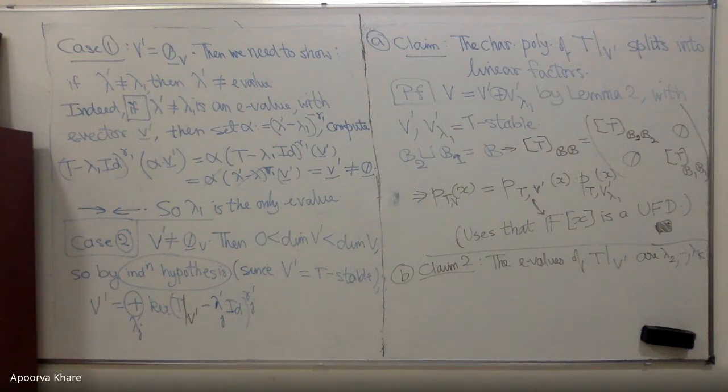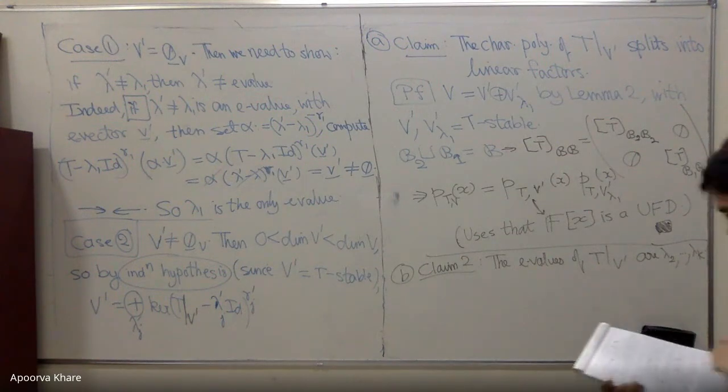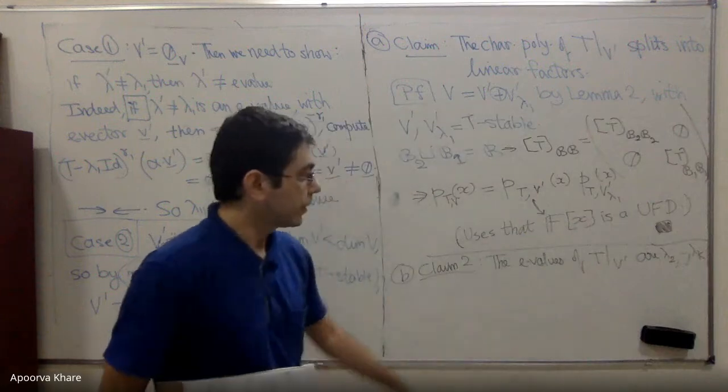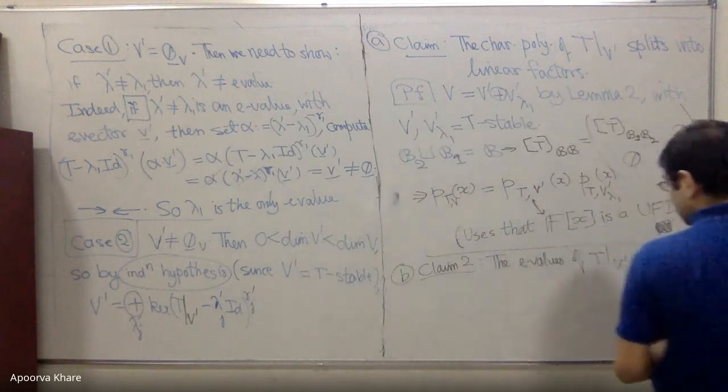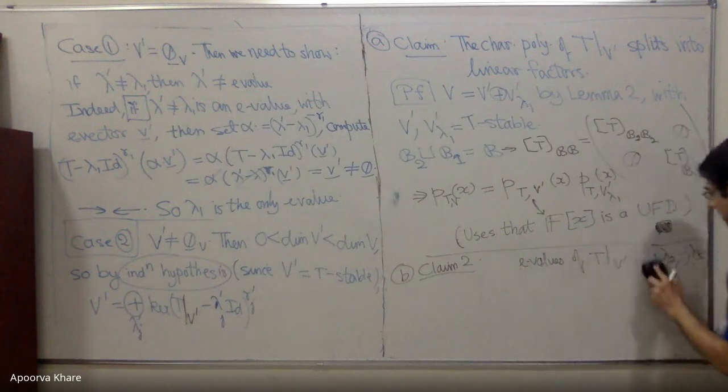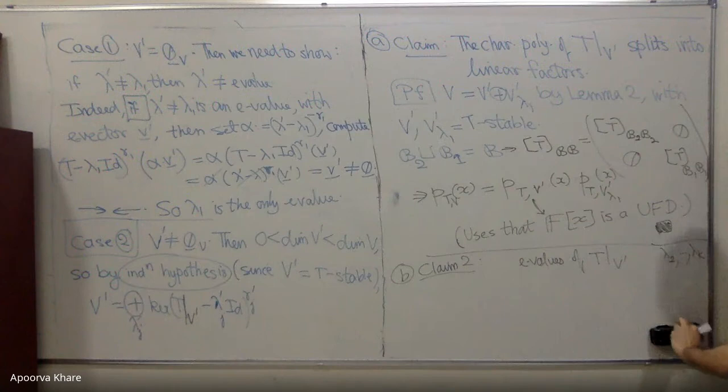So the point is, I'm saying the set of these eigenvalues equals the set of these eigenvalues. Maybe I'll just write this as the equality of two sets, because then you will see the proof is also helped.